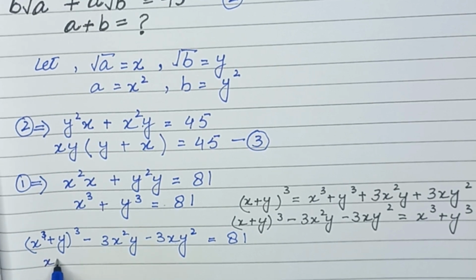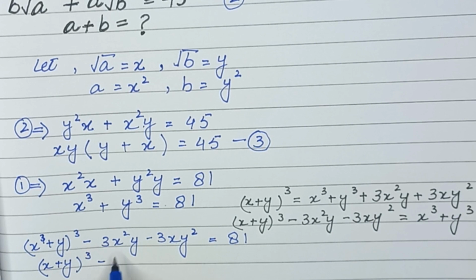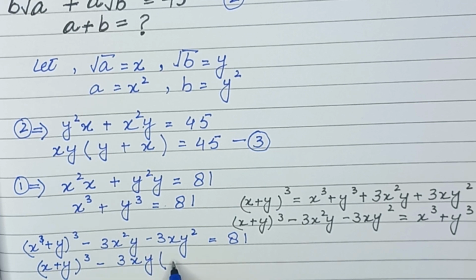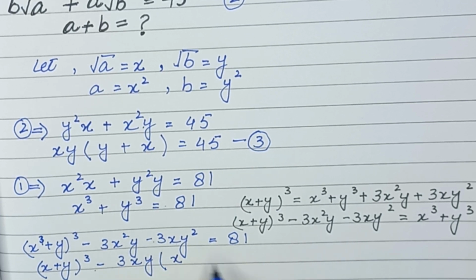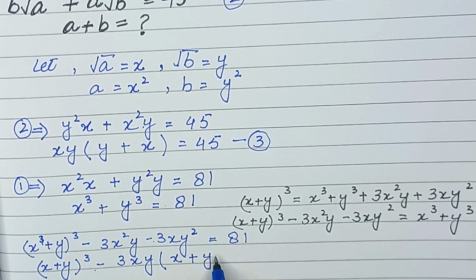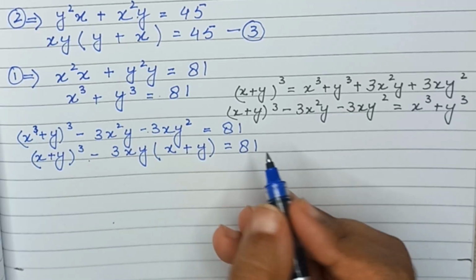Now in x plus y whole cube, from these two terms we have 3xy common. So this divided by this will be equal to x. Negative into negative will become positive. This divided by this will be equal to y, which is equal to 81.